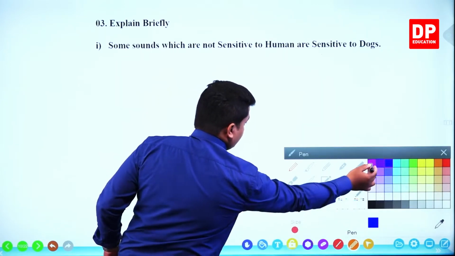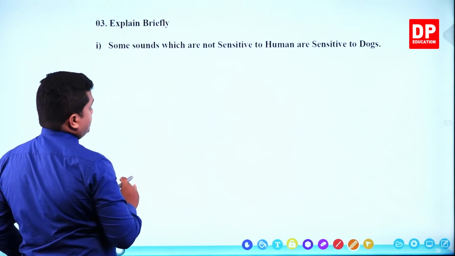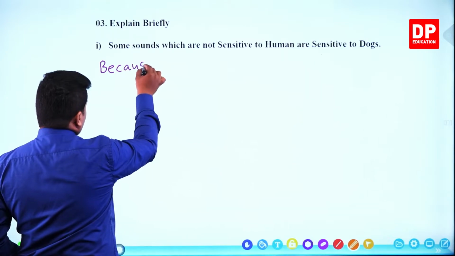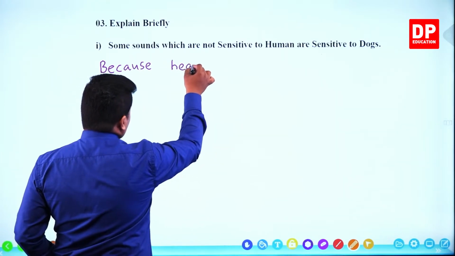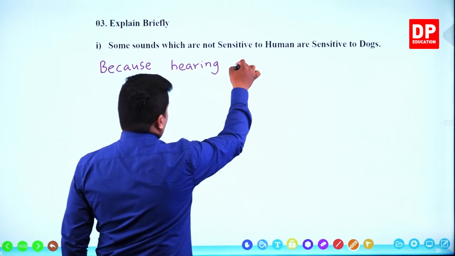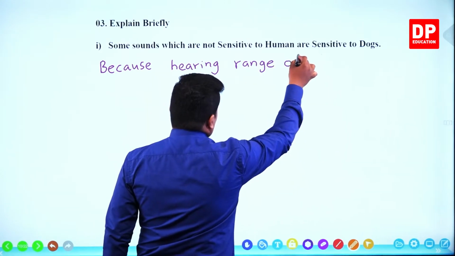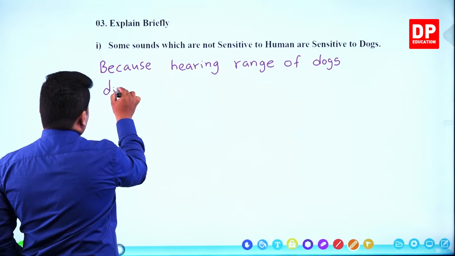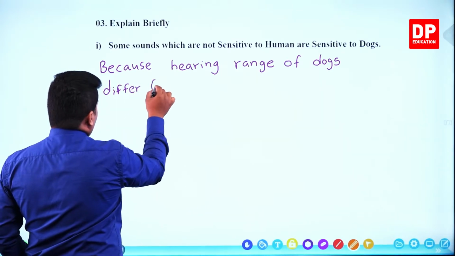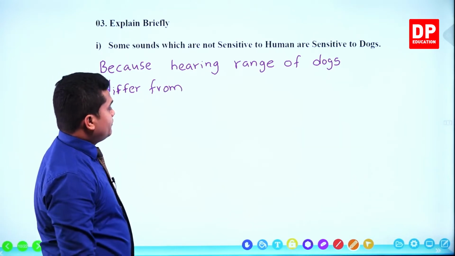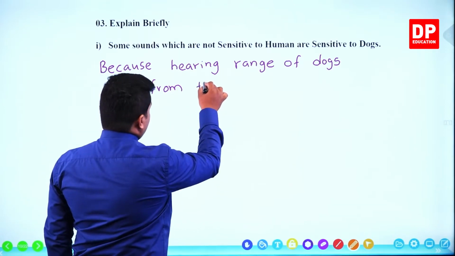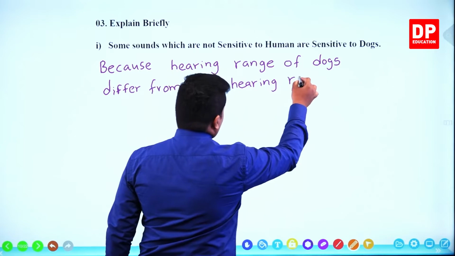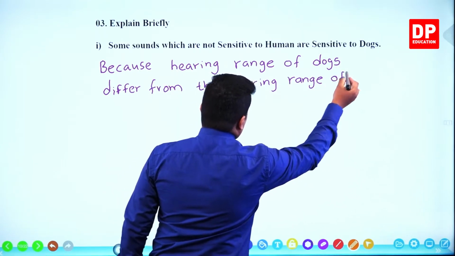I'll use a different color. So some sounds which are not sensitive to humans are sensitive to dogs because hearing range of dogs differ from the hearing range of a human.